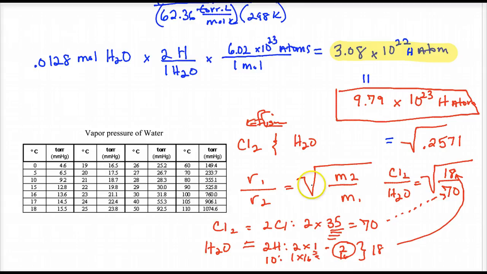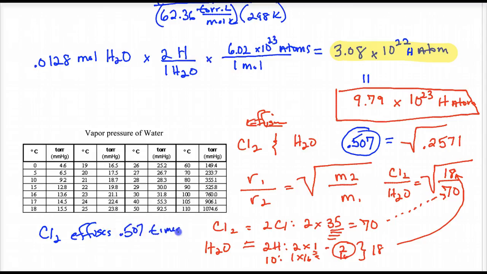Okay, and then the answer is 0.507. And what does this mean? This means that chlorine effuses 0.507 times that of water, which means it almost goes half as fast.